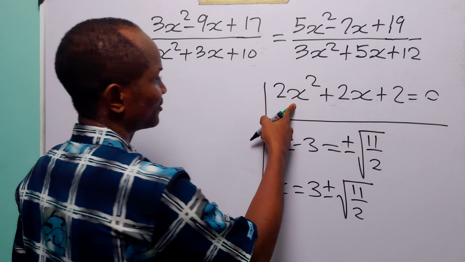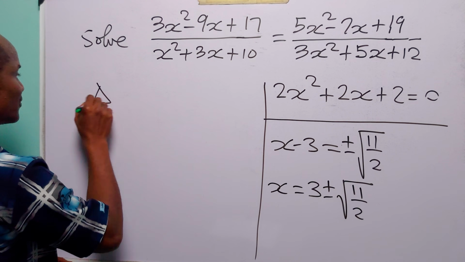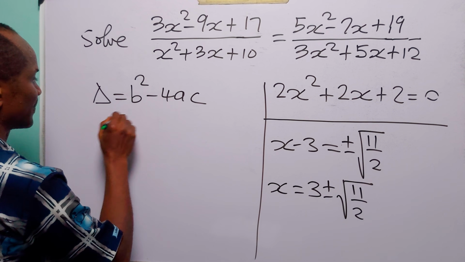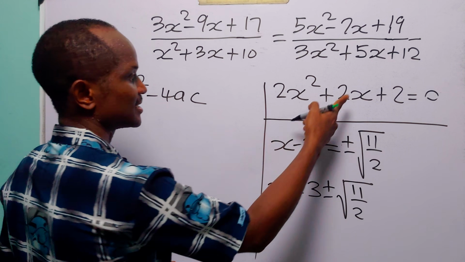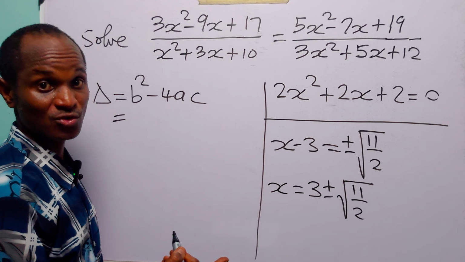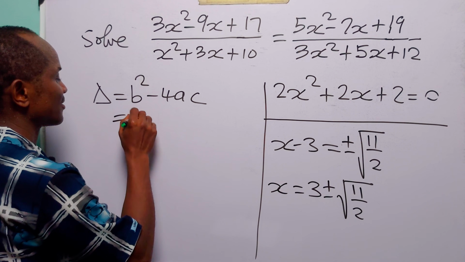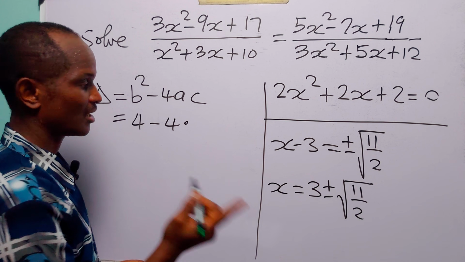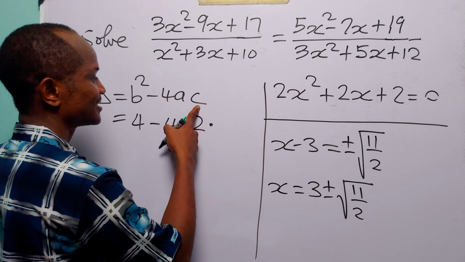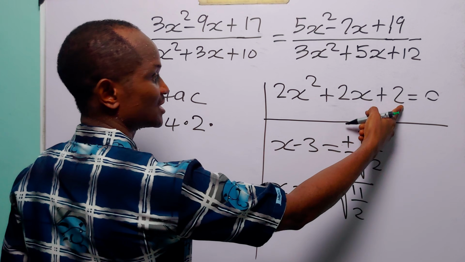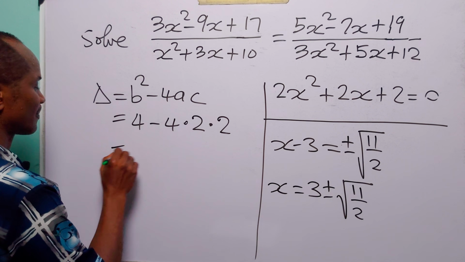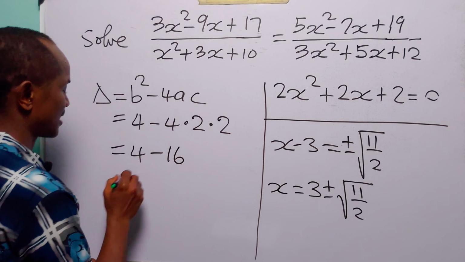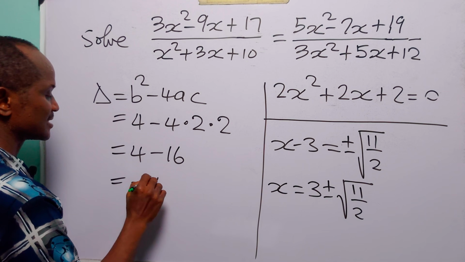Now, I do not think that this quadratic equation will yield any real values of x, but let us be sure. Let us check the discriminant. We have b squared minus 4ac. Now, b, of course, is the coefficient of x, which is 2 in this case. 2 squared is 4 minus 4. A is the coefficient of x squared, which is also 2. And c is the constant term, which is also 2. We have 4 minus 4 times 4 is 16. And 4 minus 16 is minus 12.